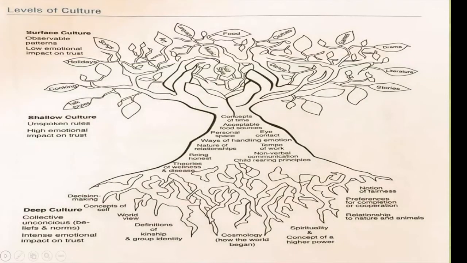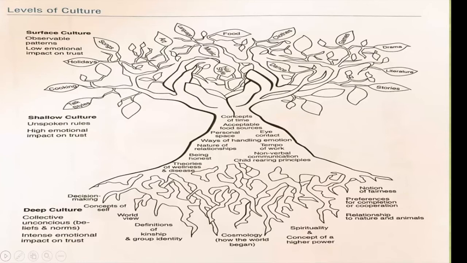So when you think about the levels of culture, there's the surface culture that you see, and that's the part that doesn't have a lot of emotional impact on our trust, because you see it as observable. It's our food, our language, our music, our art, our song, our cooking, the games that we play, the clothes that we wear, the stories that we tell.